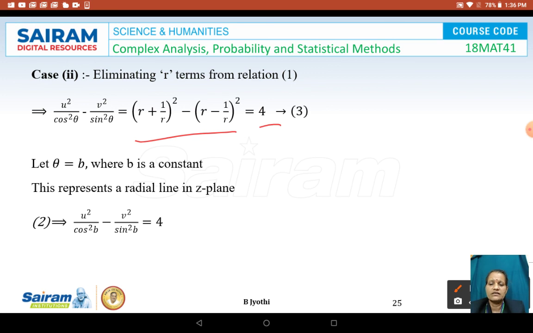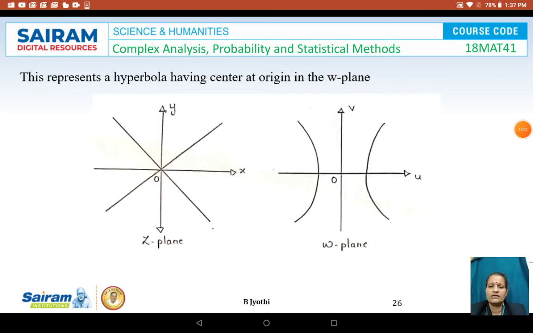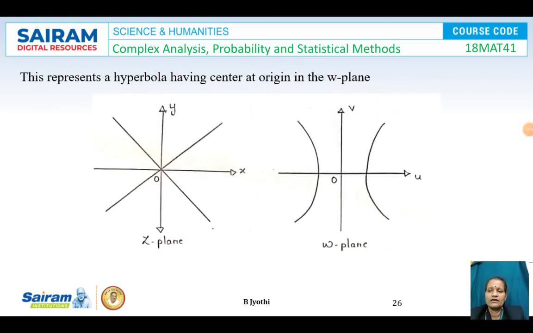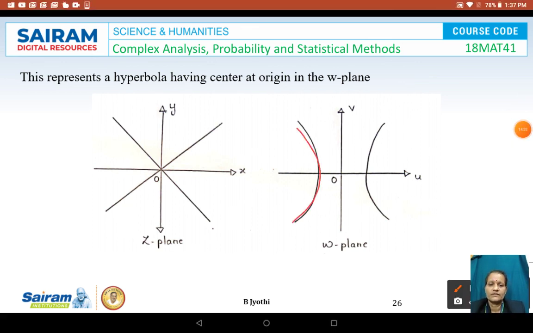It represents the radial line, and it is the hyperbola actually. u square divided by cos square b minus v square divided by sin square b is equal to 4, which is nothing but the hyperbola. So we can see here the hyperbola in the w plane.